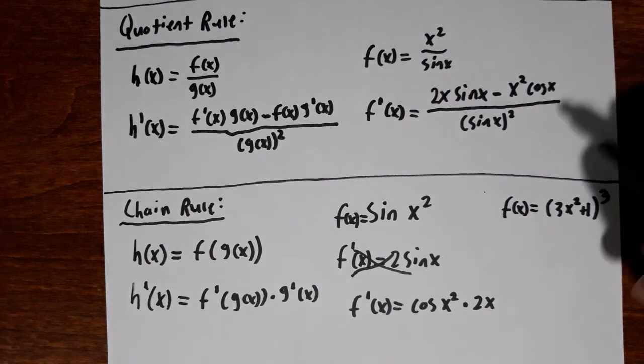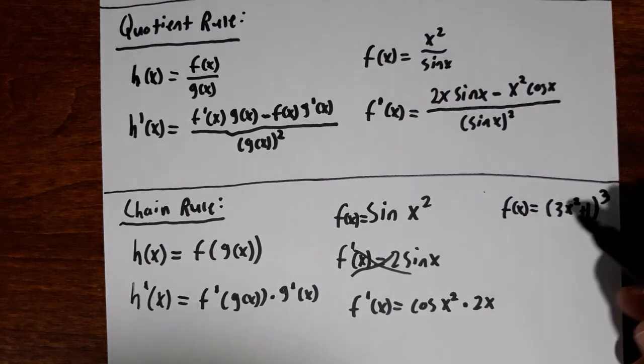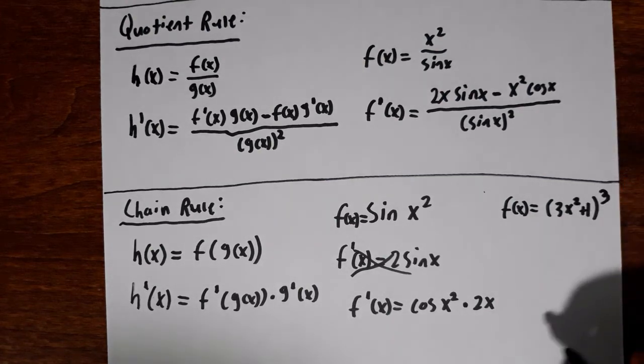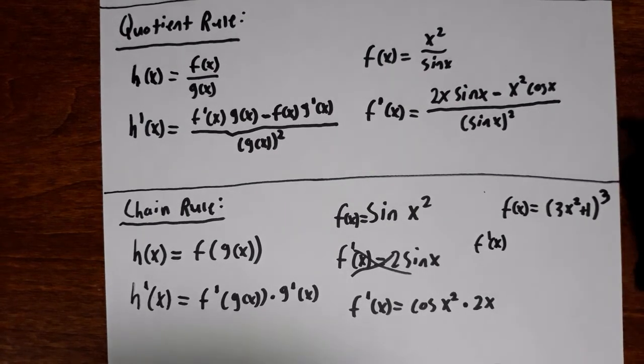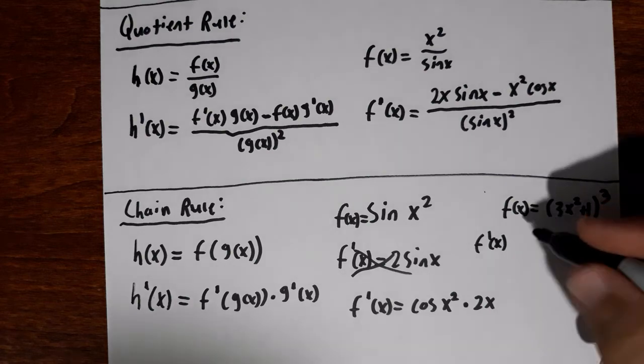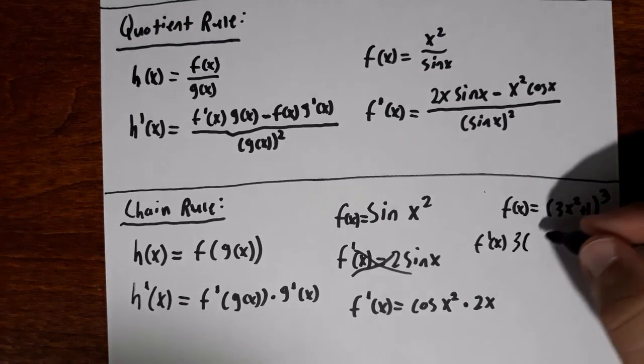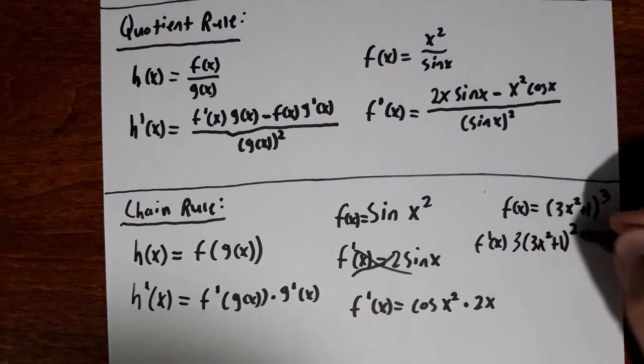For another example, say we have the function 3x squared plus 1, cubed. Now if we wanted the derivative of this function, we would take the derivative of this outside function, so this cube, and we would put it in front. The inside stays the same, and then we reduce this power up here.